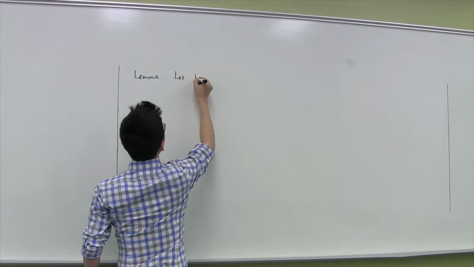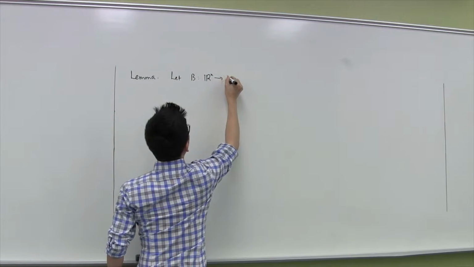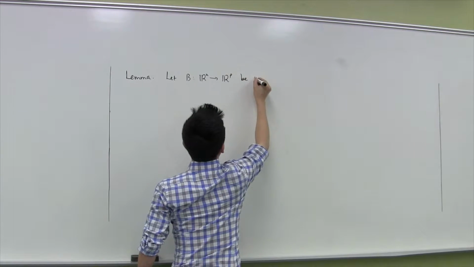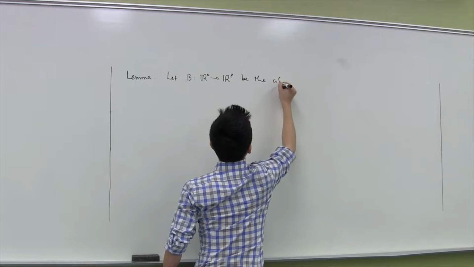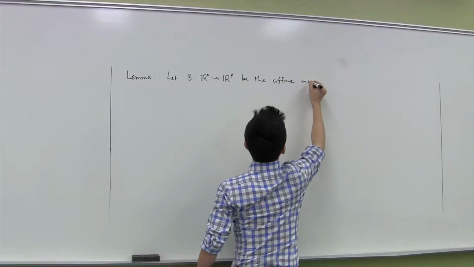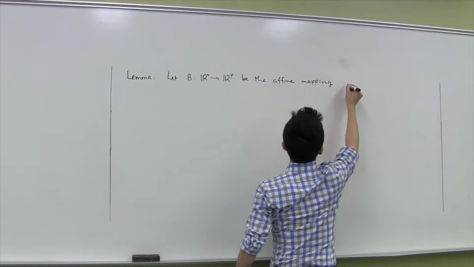Let B from R^n to R^p be the R-phi mapping defined earlier.